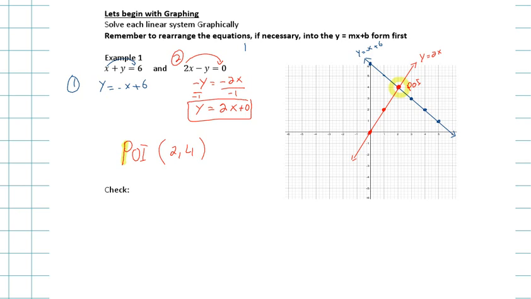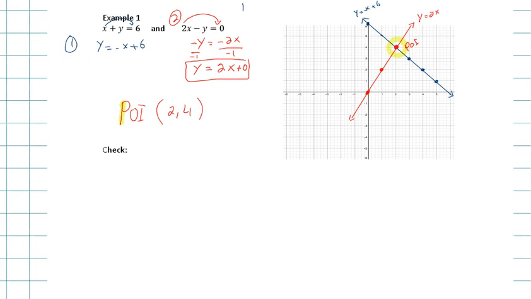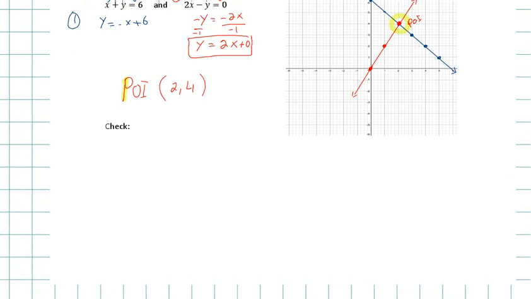Now, I'm asking you specifically for this one to check the solution, okay? So that means I have to take my point, and I have to plug it into each one of them. And I have to make sure that my left side is equal to my right side. I always tell my students, go back to your original. Don't use the ones that you have moved around.